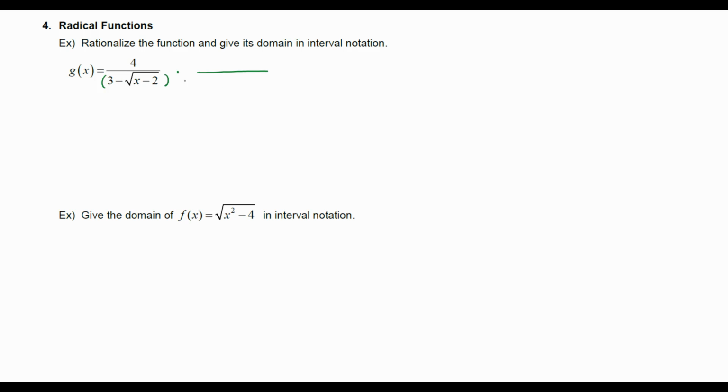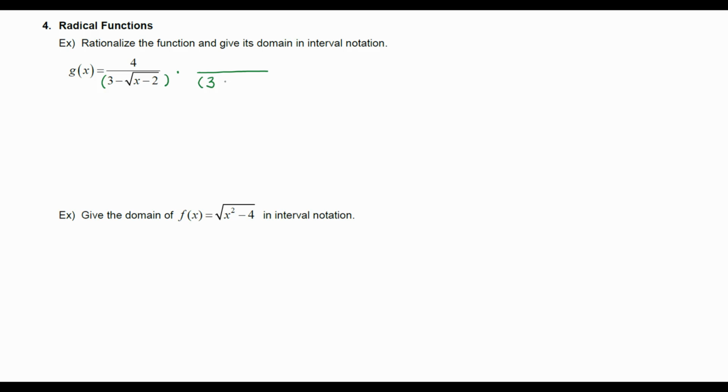However, to rationalize this denominator, we will multiply by the conjugate of this denominator, and a conjugate is two binomials such that the first term is exactly the same and the last term is opposite.